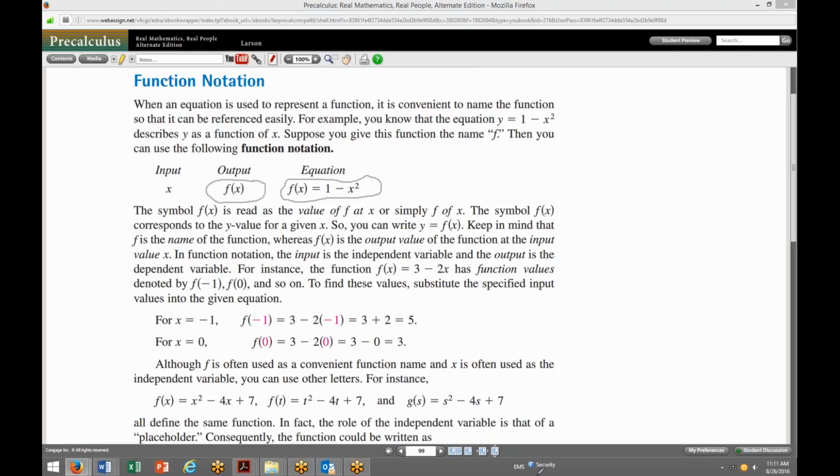And so it is a fact that as long as y is a function of x and the function's name is f, f of x does equal y. Y does equal f of x.